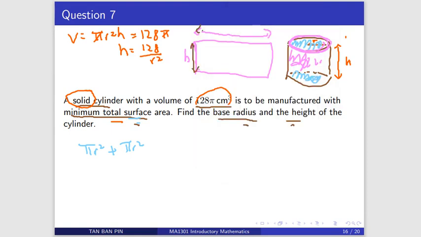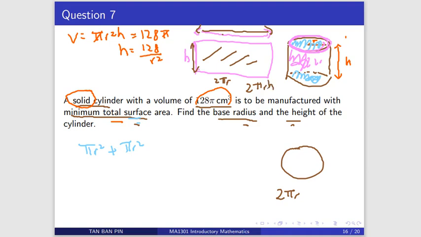And this part is the circumference of the circle. The circumference is 2πr, so this length will be 2πr. So this area will be 2πrh. So then another 2πrh. That will be the total surface area.